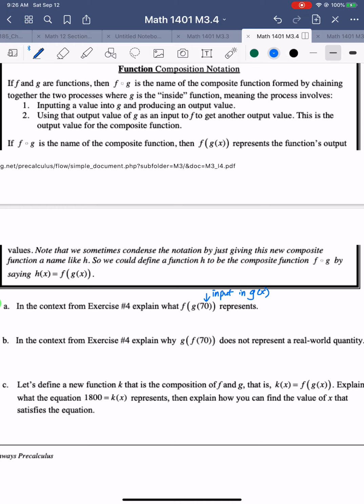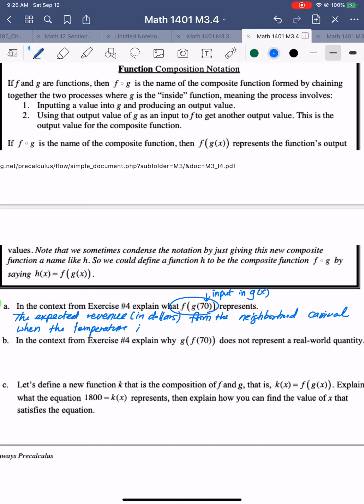So this whole thing is talking about the expected revenue, of course in dollars, when the temperature is 70 degrees Fahrenheit.